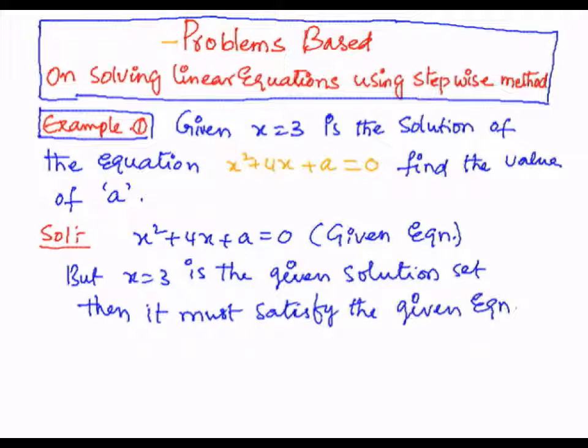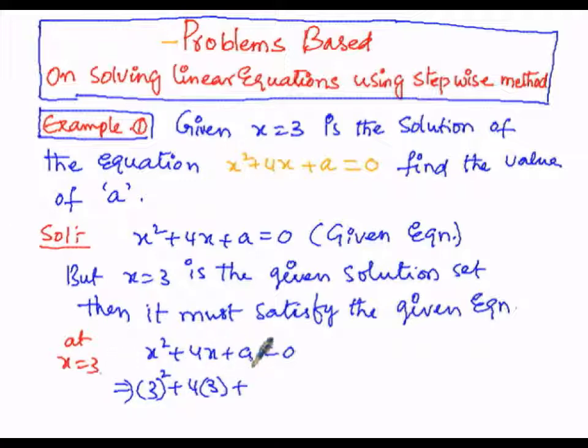So at x is equal to 3, I am going to replace x by 3 in this equation, that is x square plus 4x plus a equals to 0. Since it is the root or the solution set, in the place of x I am going to substitute 3, so 3 whole to the power of 2 plus 4 into 3 plus a, a is unknown, let us write a as it is, equals to 0.